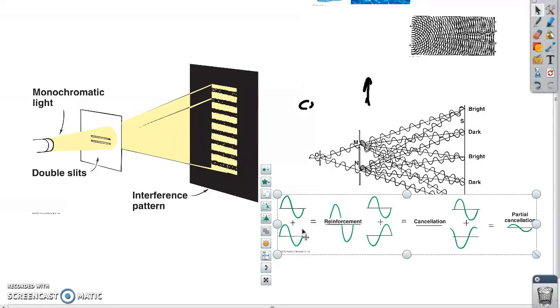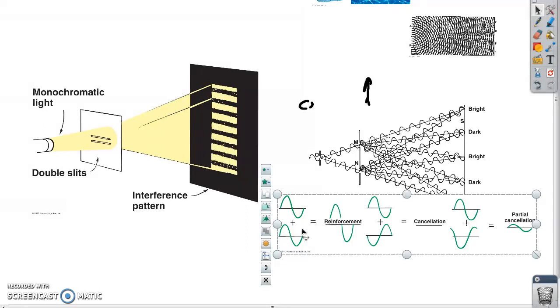If they're completely out of step, where one's going up and the other's going down, they completely cancel each other out, and that's what you're getting in these dark spots. Now, it could be that this one's up part is canceling this one, but then the down part is not as strong, and they're not quite lining up, so you get what we call partial cancellation. They might dim the light. And this is due to interference.